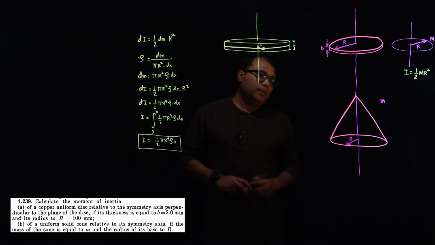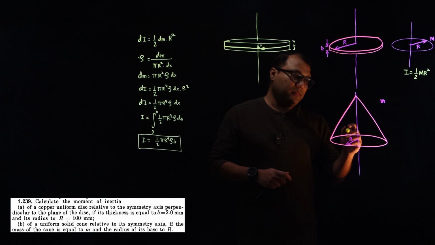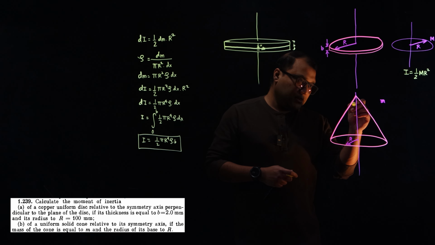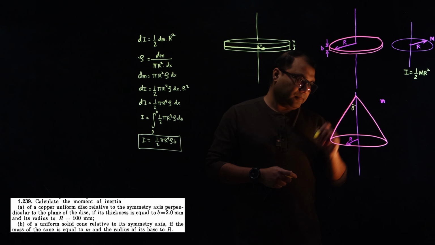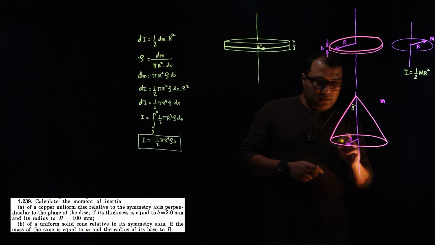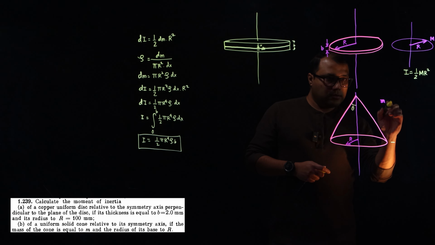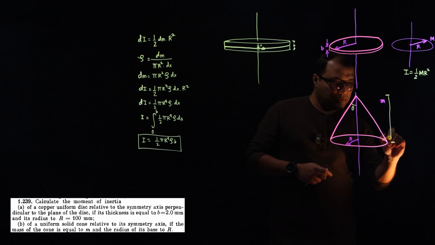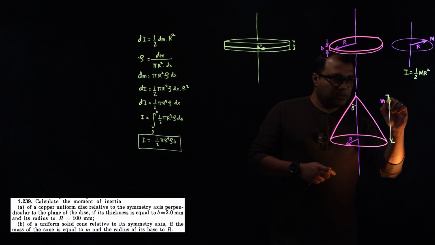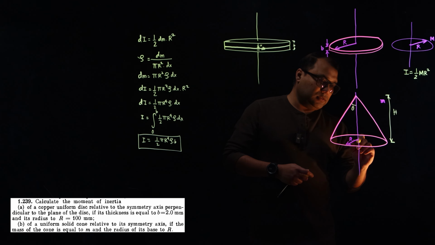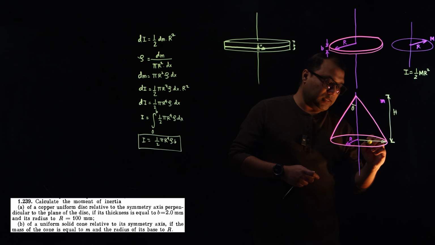Let's say this angle is theta, and this height of the cone is capital H. This is obviously r.